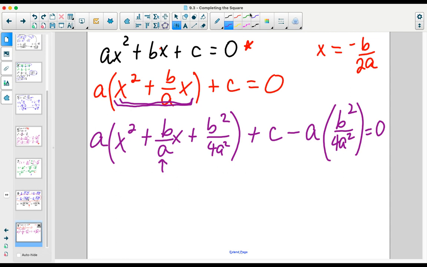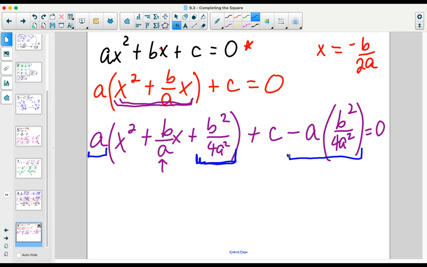So why can we get away with that? Well, if we have this added on to the left-hand side of the equation here, and that's technically a times that term, that part of the expression. If I have this added on to the left-hand side of the equation, and then later on in the equation, I take it away from the left-hand side of the equation, that exact same thing, then I have maintained the equality that I started with.